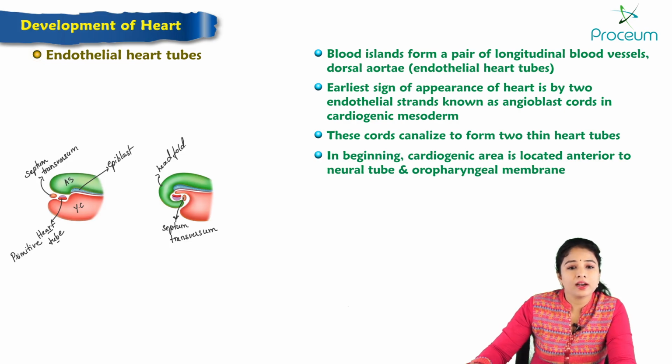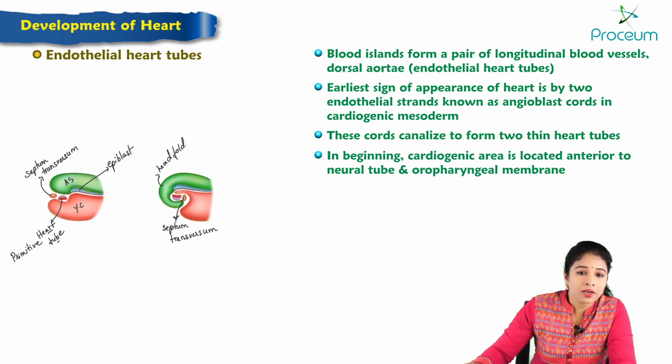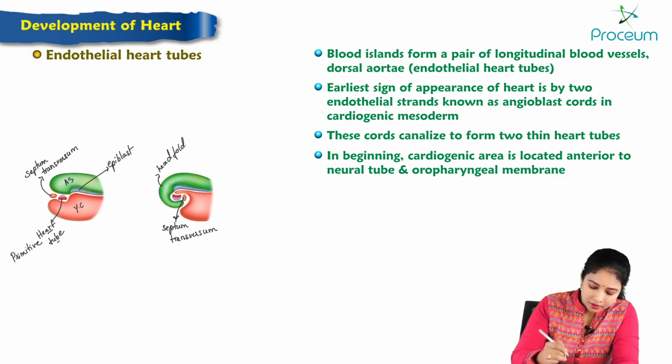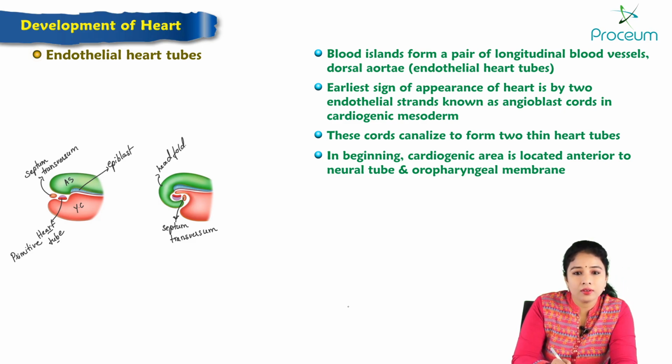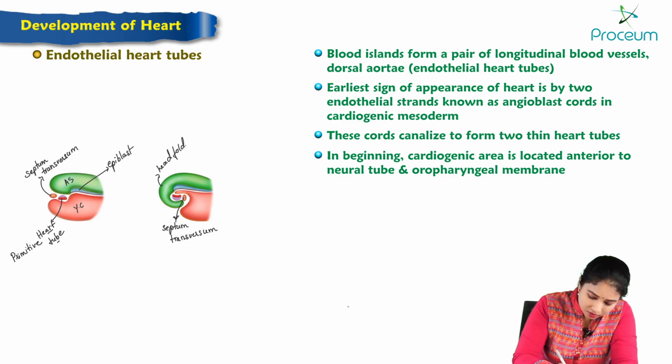In the beginning, the cardiogenic area is located anterior to the neural tube and oropharyngeal membrane. We can see here the endothelial heart tube is on the anterior aspect. Anterior to the heart tube we have the septum transversum. Here is the oropharyngeal membrane.